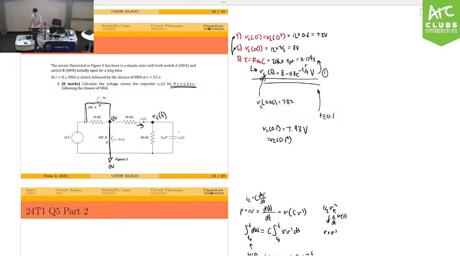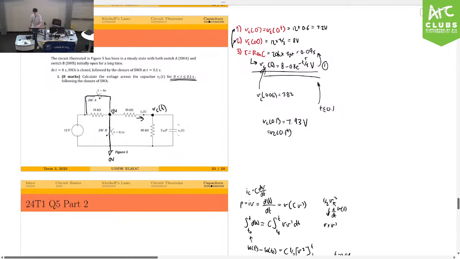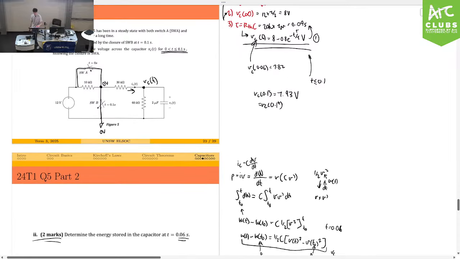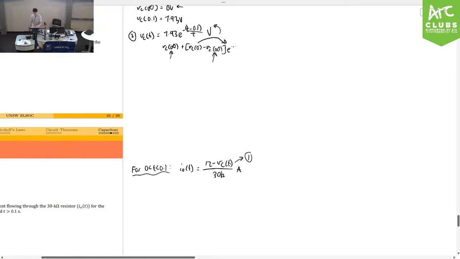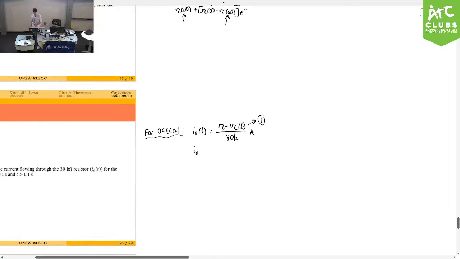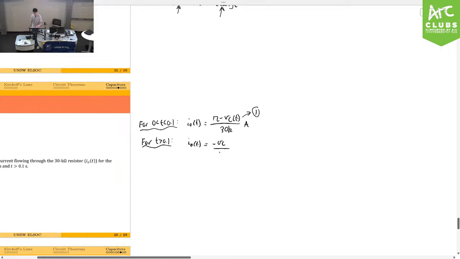If that's 0 volts, well, then it's 0 volts to VC over 30, in which case what you get is minus VC on 30. So for the second part, t greater than 0.1, it's going to be minus VC on 30K.